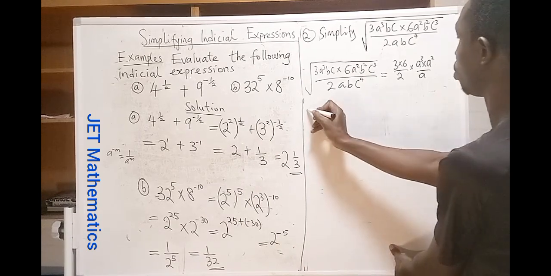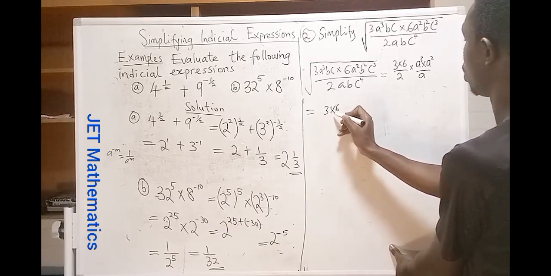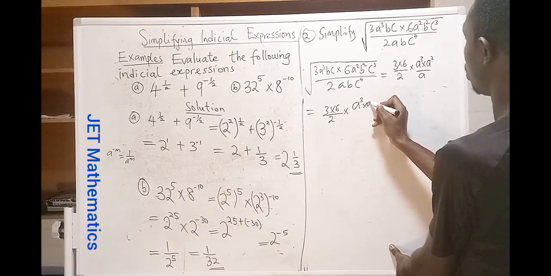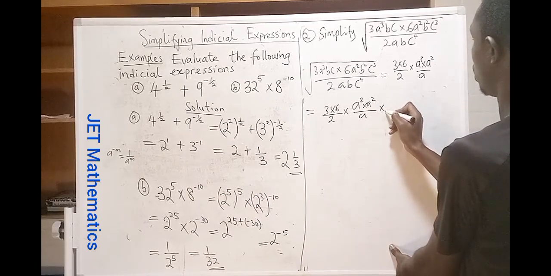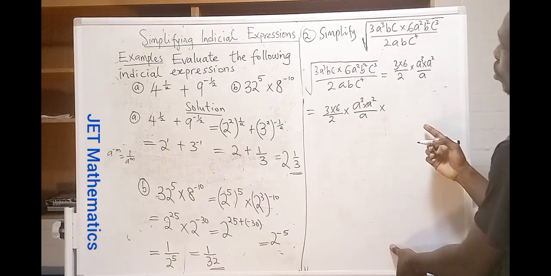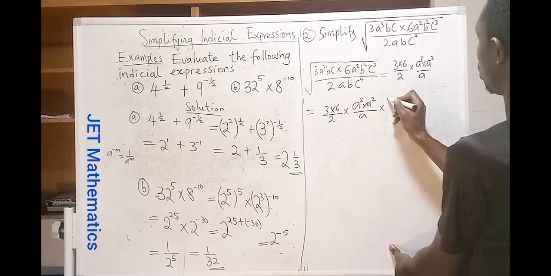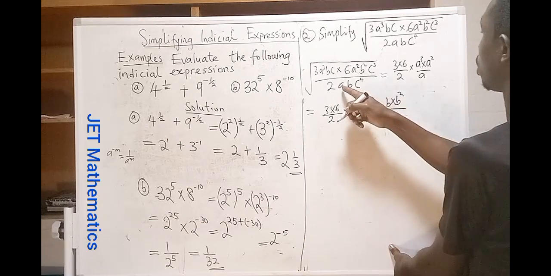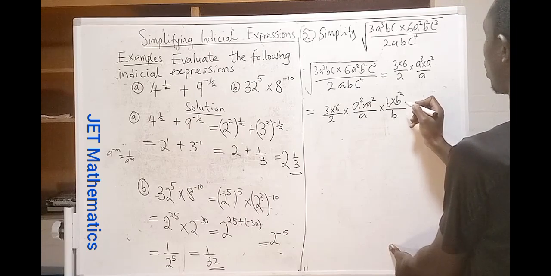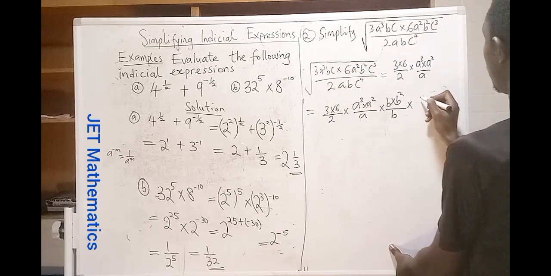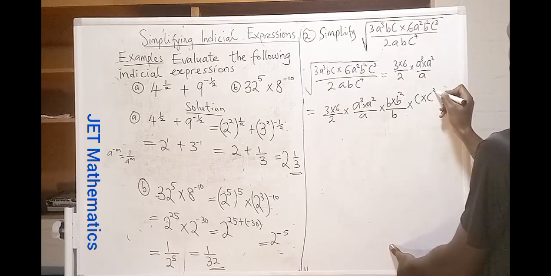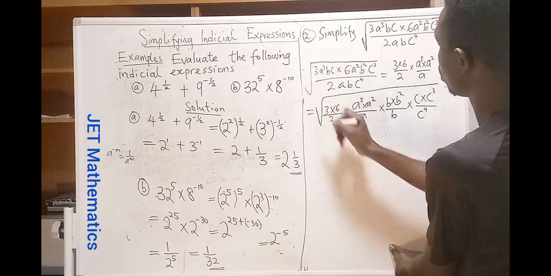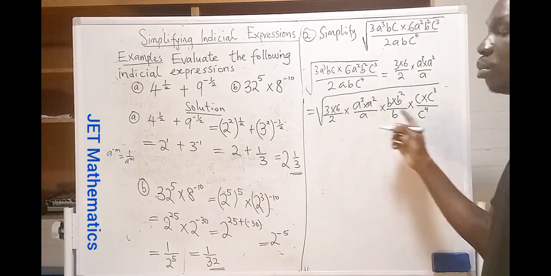I don't think the space will be enough, let me just write here. 3 times 6 divided by 2 times a cubed times a squared divided by a times b times b squared divided by b, and then times c times c cubed divided by c raised to the power 4, all in square root.